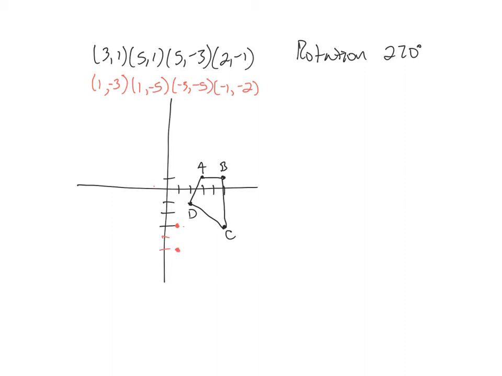So that's our new A prime, B prime. Negative 3, negative 5, that would be C prime. And negative 1, negative 2, that would be the D prime.